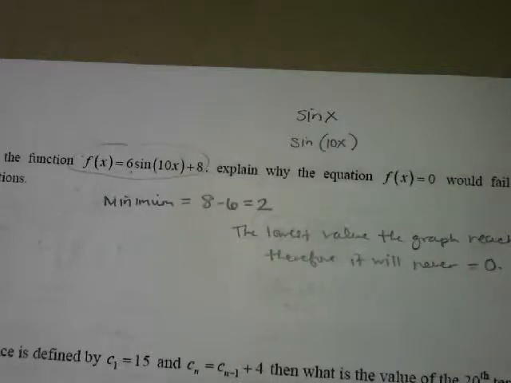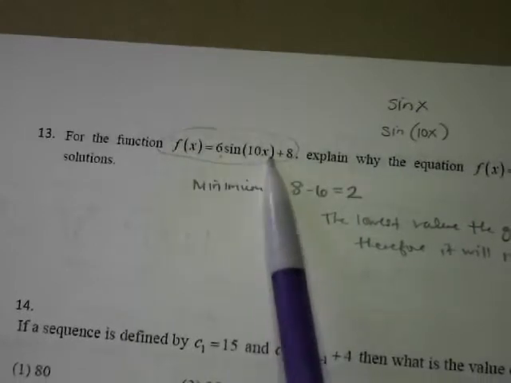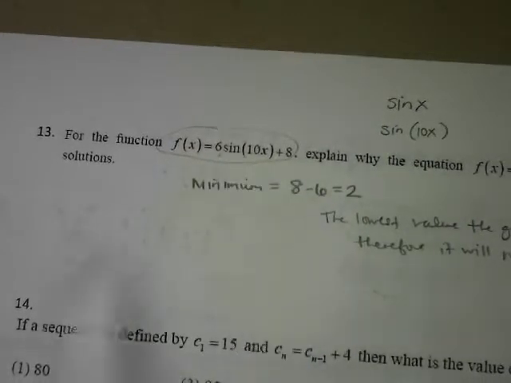They wouldn't really need to talk about the 10 so much, but based on transformation, your sine curve got stretched by a factor of 6, so its range was from -6 to +6 for a moment, but then when you shift that up 8 units, that -6 minimum became 2, and now it doesn't cross the x-axis at all. Does that make sense? Okay, so a couple different ways to go with that.